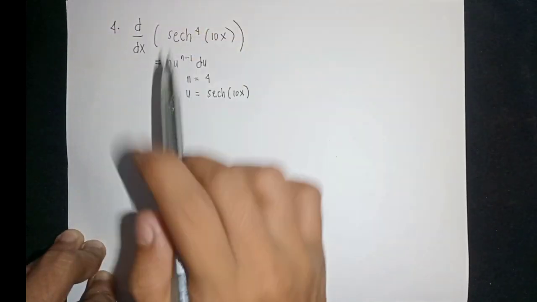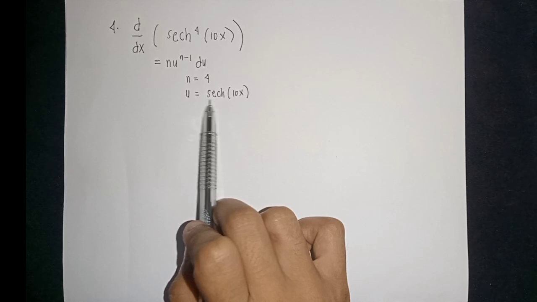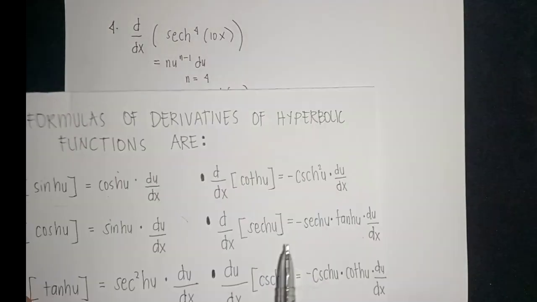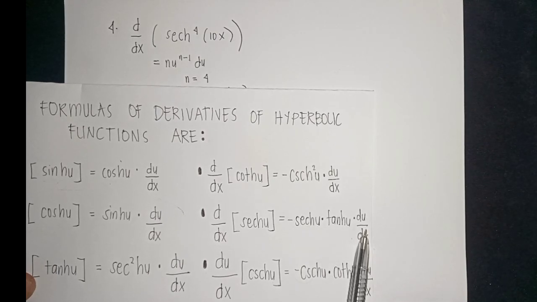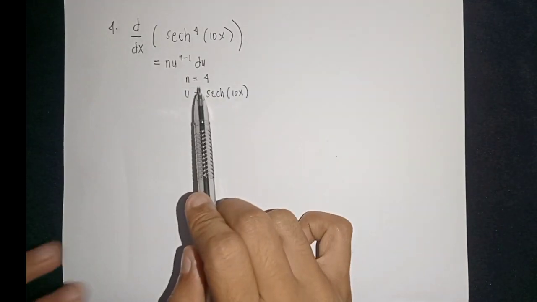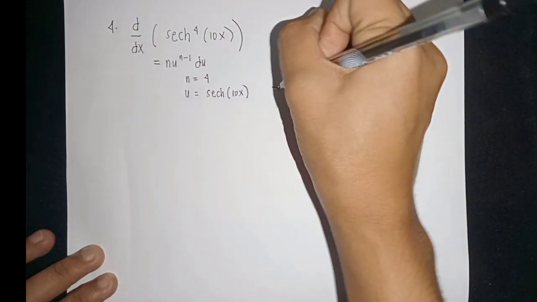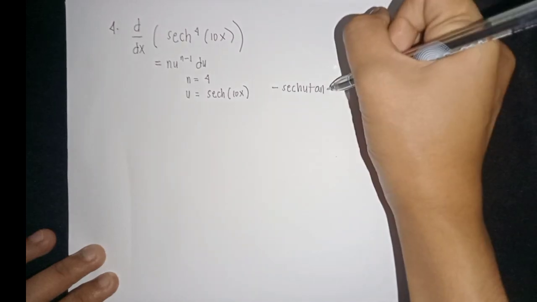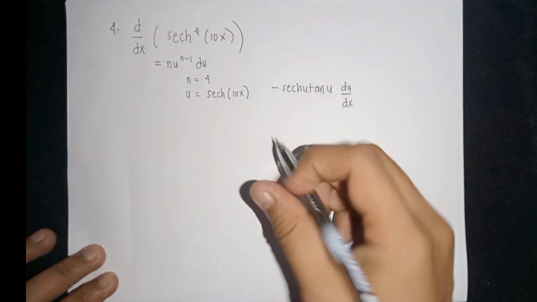So for this equation, we take the function inside the parentheses. For us to solve this equation, we must use the formula of hyperbolic secant, which is the hyperbolic negative secant u times the hyperbolic tan u du. So let's write it here: negative sech u tanh u du over dx.